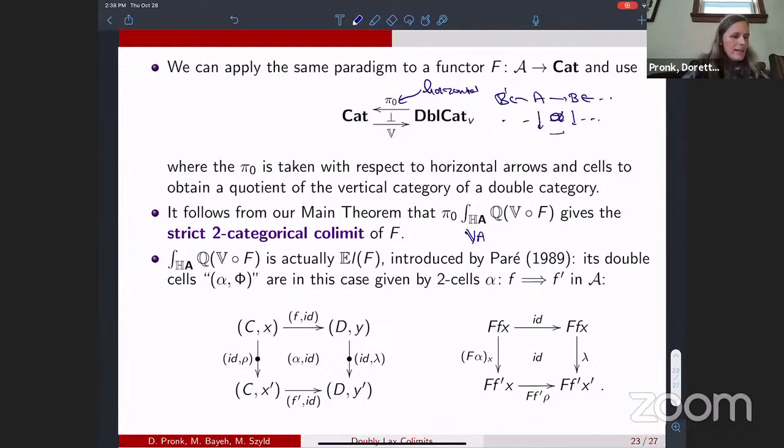And by the way, this elements construction was introduced by Paré in 1989 at a meeting in Bangor. He used it at that time to study 2 limits and 2 colimits and weighted colimits and so on.